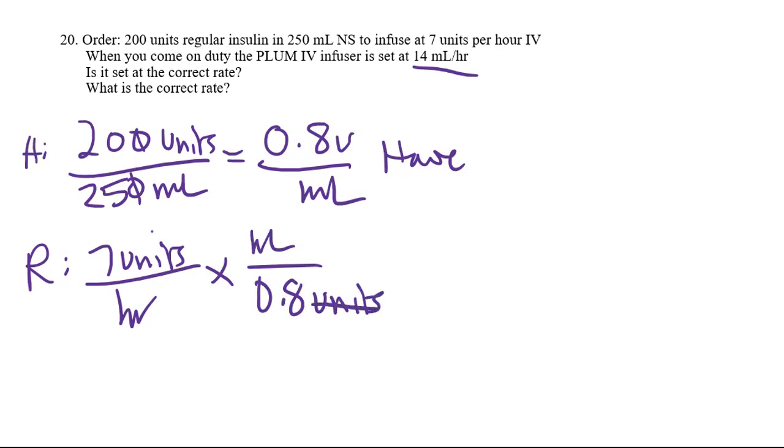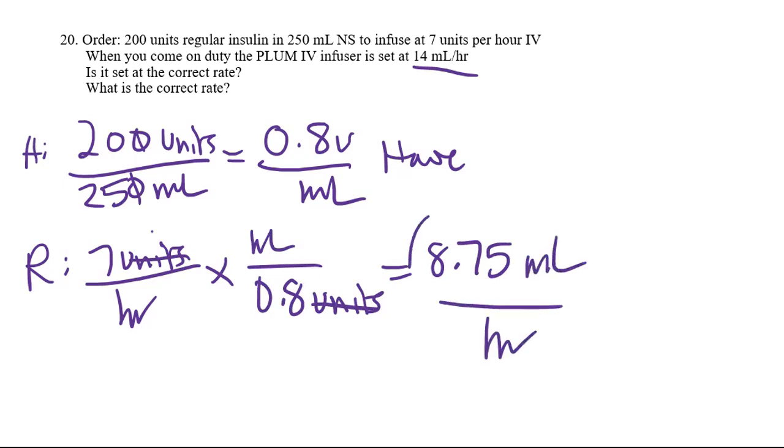Okay, so now we can cross out units. We got 7 divided by 0.8 is going to be 8.75. Okay, 8.75. That's how many mLs per hour this should be running at.